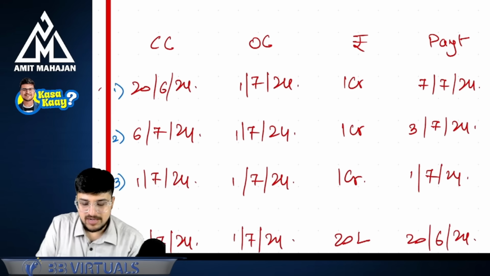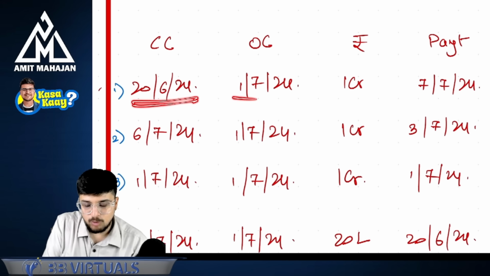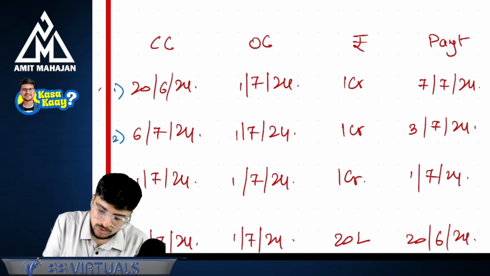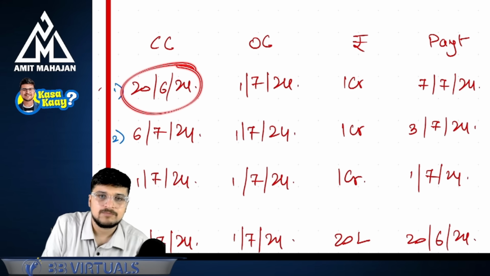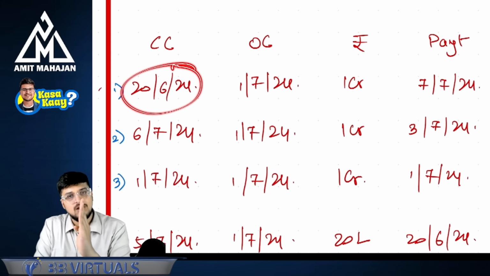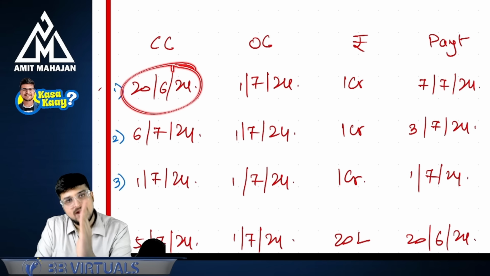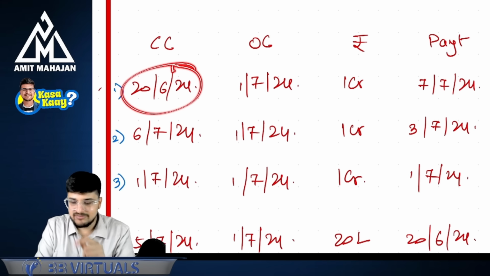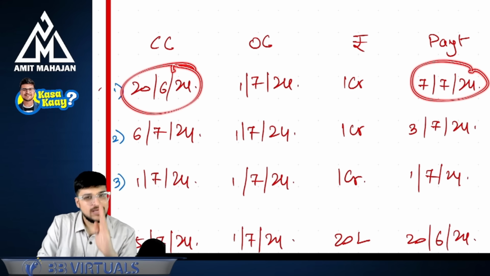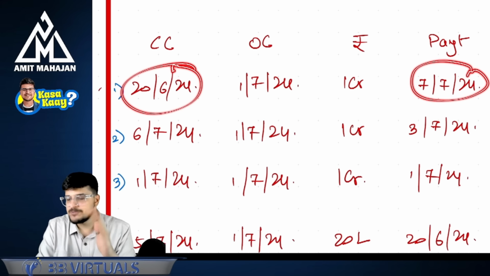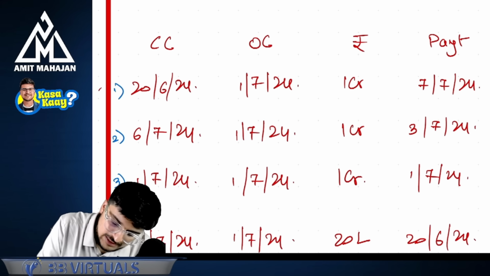First of all, identify CC on this date and OC on this date. Whichever is earlier comes to 1/7/24. Have I received the amount prior to this date? No, I have received the amount on 7/7. So can I say after completion of construction, it is neither goods nor service. That's why there will not be any GST.